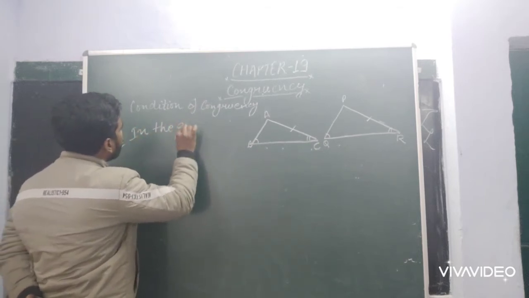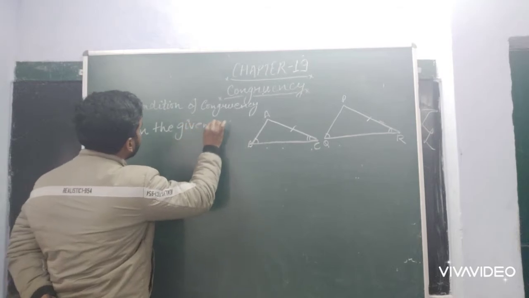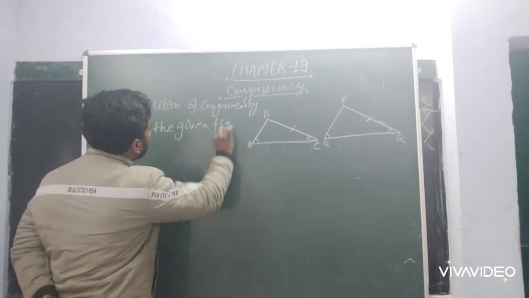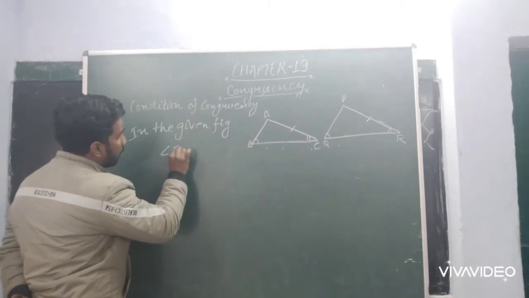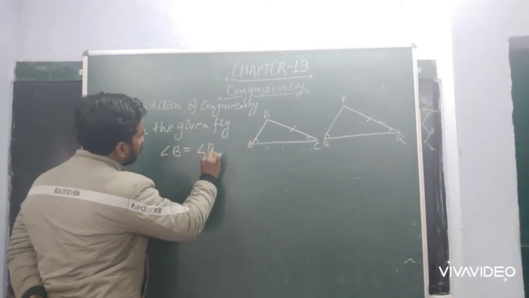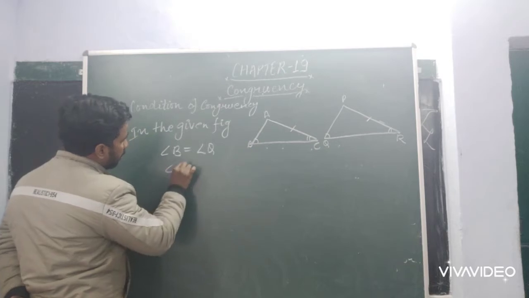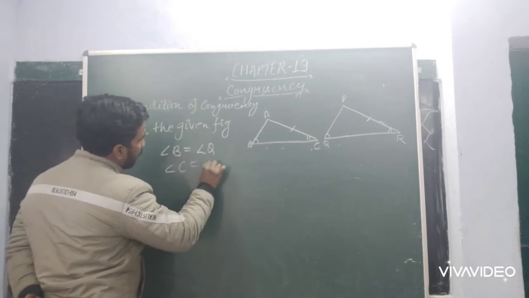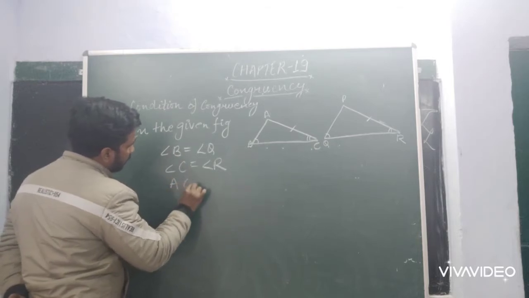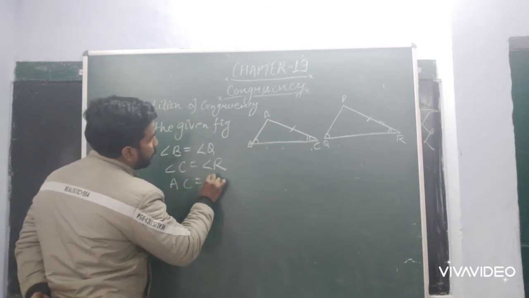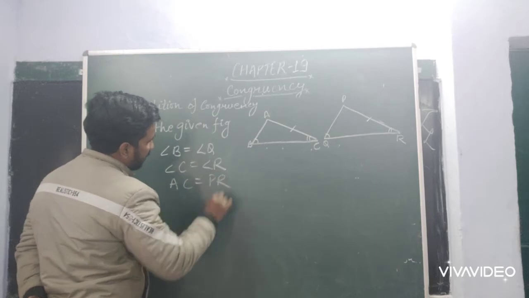In the given figure, angle B will be equal to angle Q, then angle C will be equal to angle R, and side AC will be equal to PR.